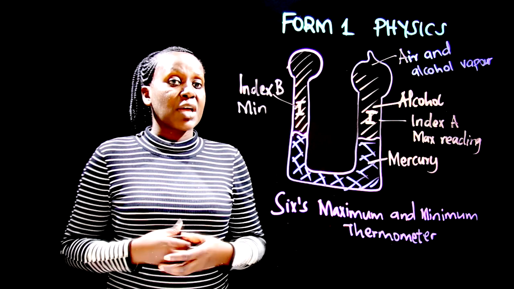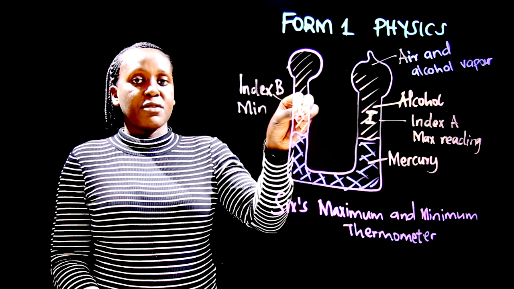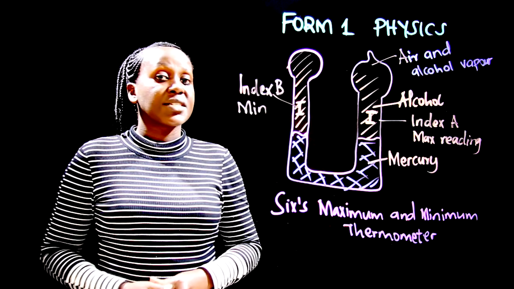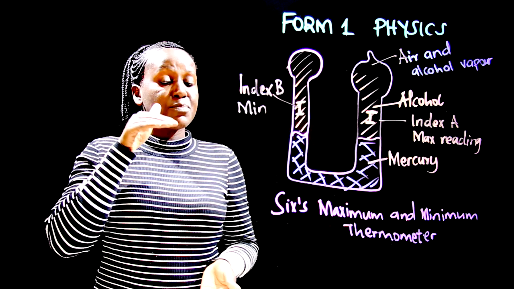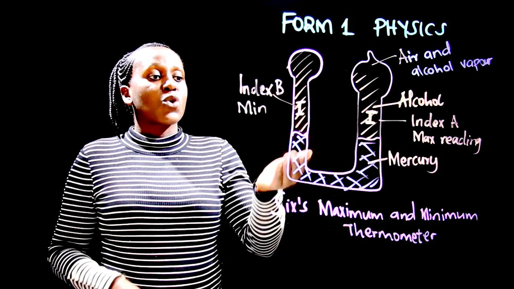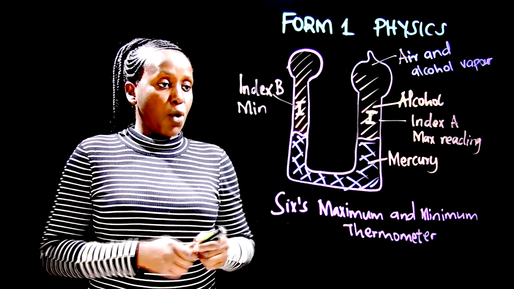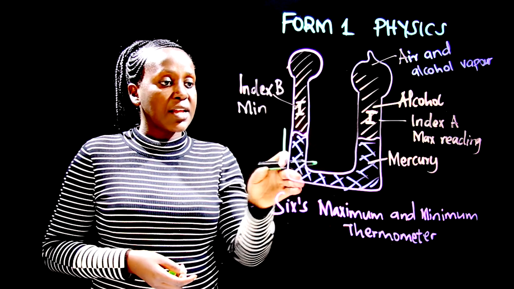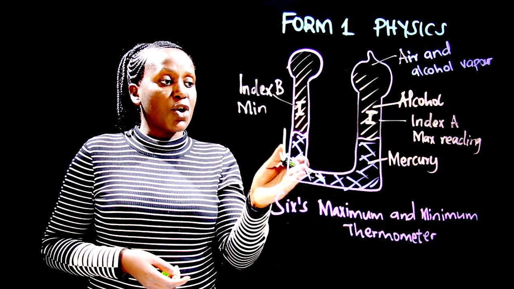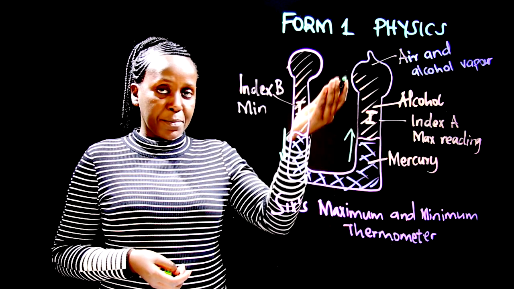Now when temperature begins to rise, the alcohol on this side becomes heated, and when it is heated, it expands. And upon expanding, it needs more space to occupy. So it pushes the mercury on this side lower, but since the mercury also needs space to occupy, the mercury on the other side goes higher.